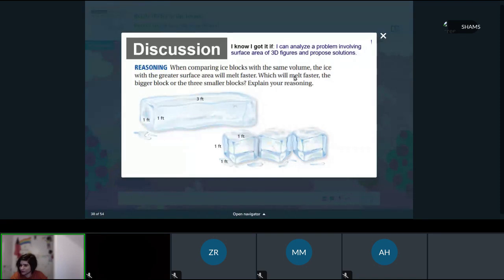So which will melt faster, the bigger block or the three smaller blocks? Explain your reasoning. Everybody get started. We need an original post in the discussion post. Then we can respond to our classmates with comments, emojis, and likes, like you do on social media.